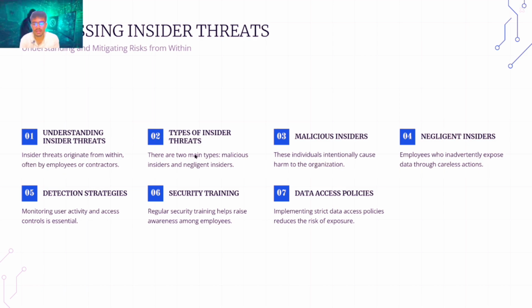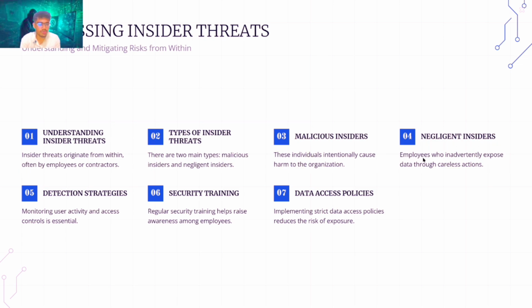Types of insider threats. There are two main types: malicious insider and negligent insider. What is a malicious insider? This individual intentionally causes harm to the organization. Okay, let's move on.